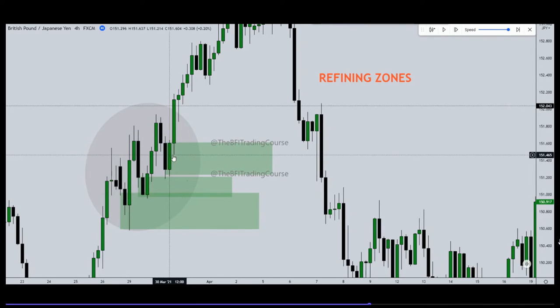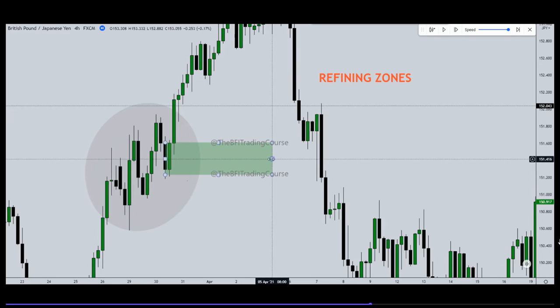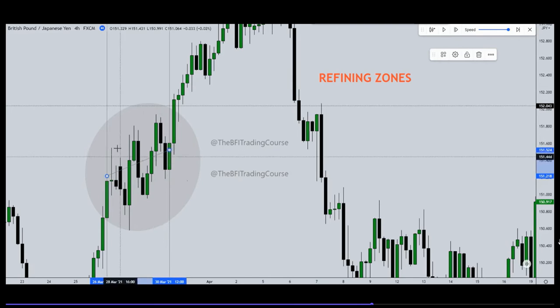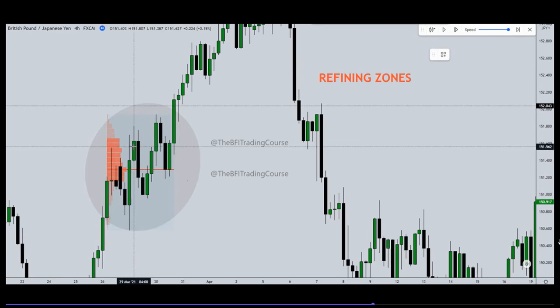Instead of doing something like this, we can refine this cluster using our volume tool and use it across the base and use this as our range.